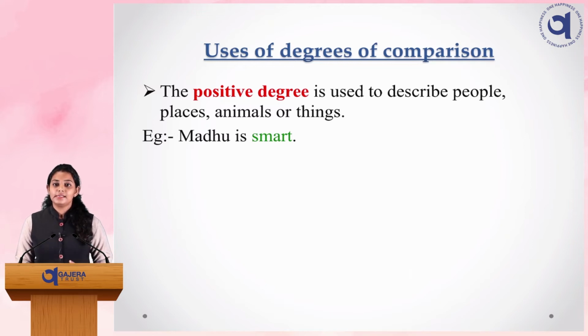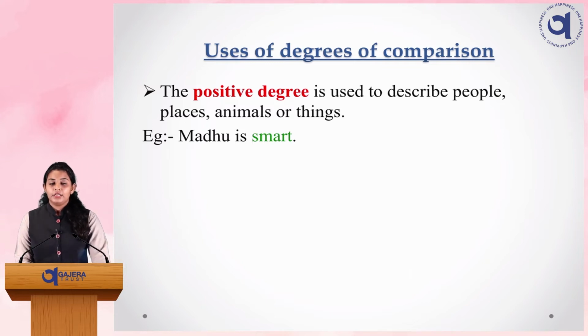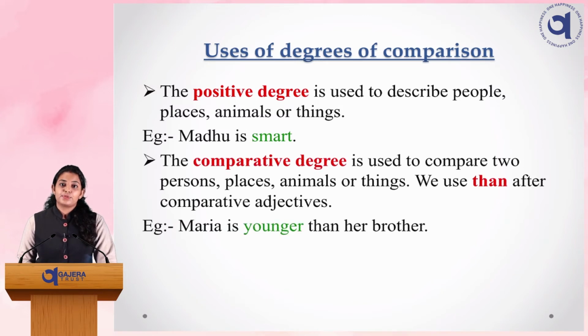Madhu is smart. So smart is the adjective that comes under the positive degree. And students, in the positive degree we use the simple form of the adjective, right? Let's see the next one, the comparative degree and how it is used.